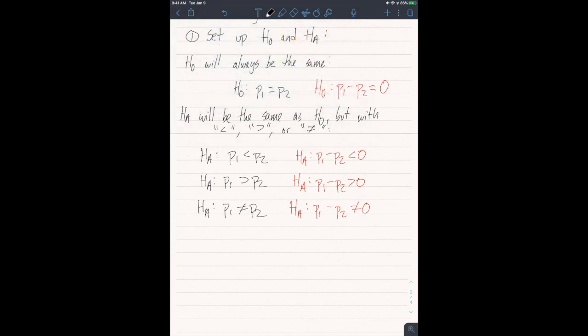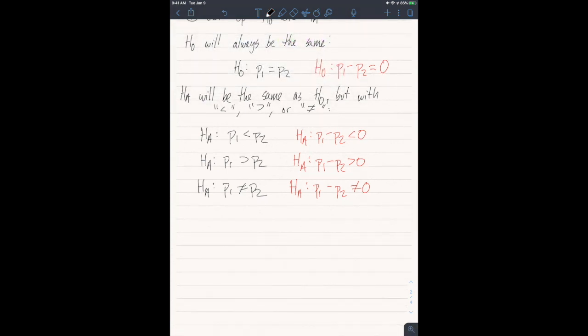Second step would be use StatCrunch. And here are the steps to use StatCrunch. You need to go into the Stat menu. It's up at the top. I'll show you in an example later.